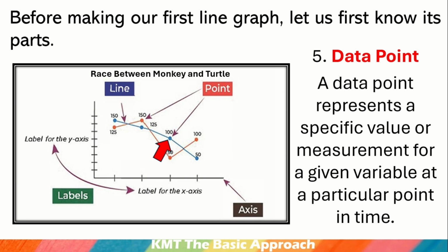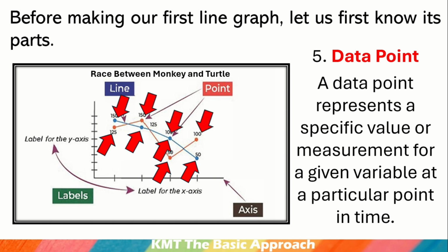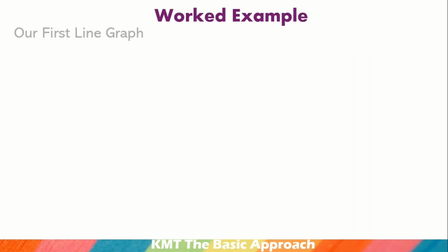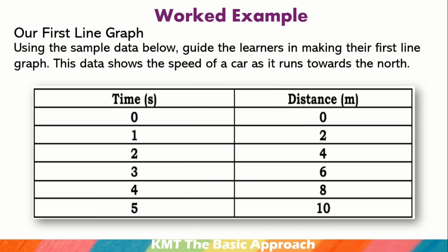A data point represents a specific value or measurement for a given variable at a particular point in time. Work example. This work example is to be guided by your actual teacher.